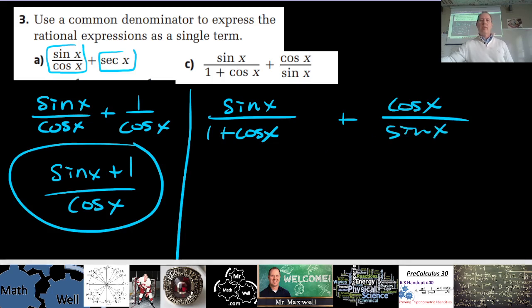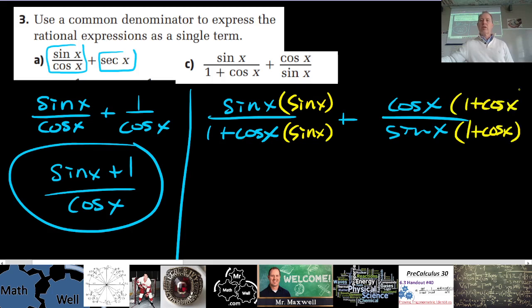To get a common denominator, I'm going to have to multiply top and bottom over here by sine x, because this term has a sine x in the denominator, this one does not. Also, this first term has a 1 plus cos x, which the second one does not. So I have to introduce that.